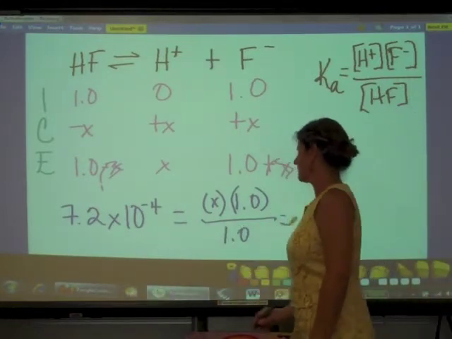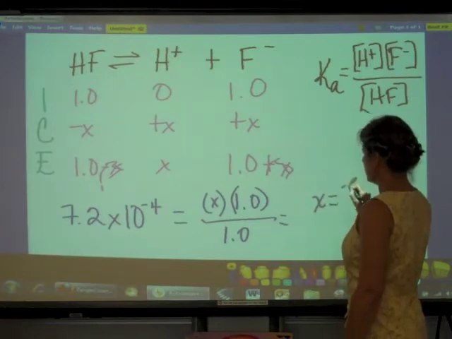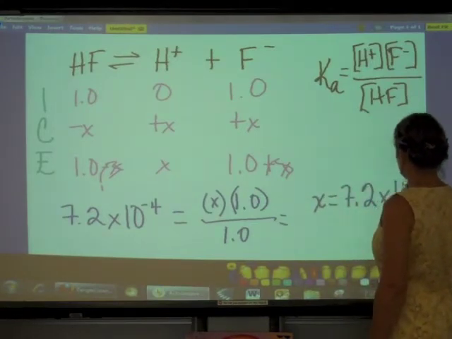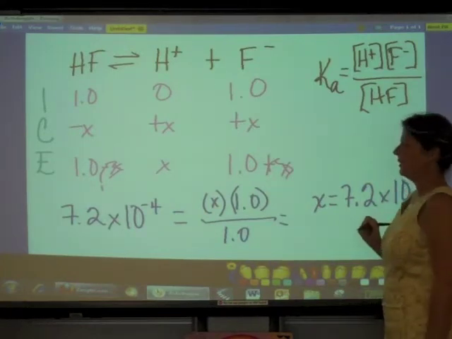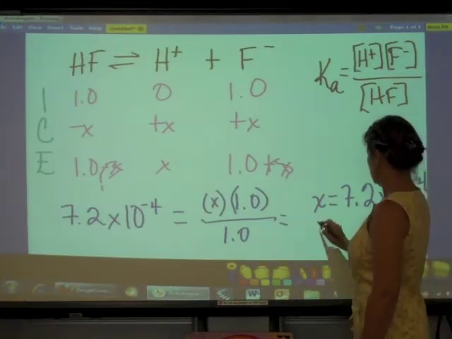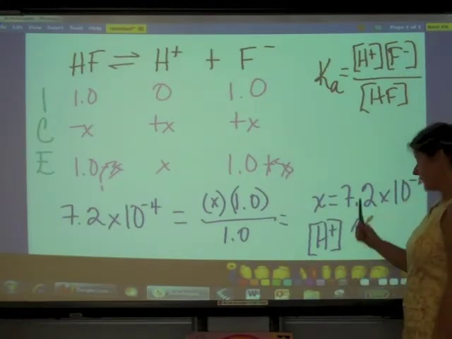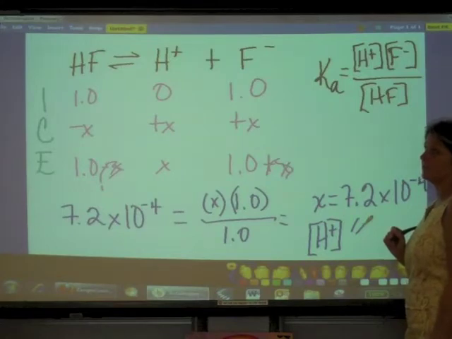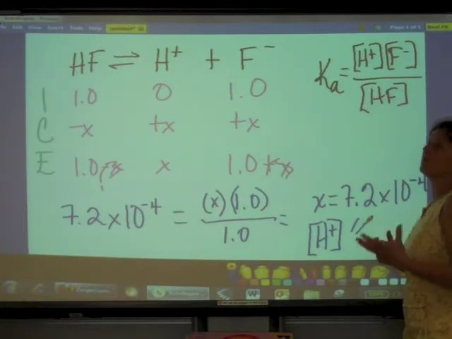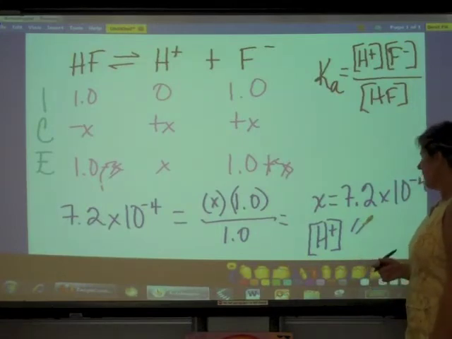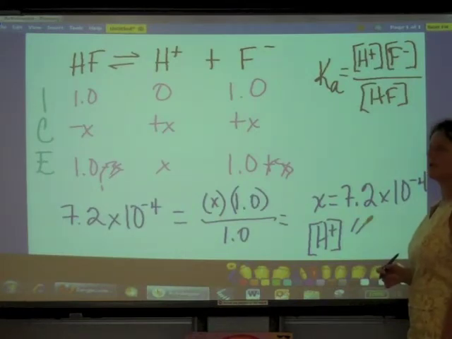Oh look, x is equal to 7.2 times 10 to the minus 4. What is the identity of x? Hydrogen ion concentration. Okay, so there it is. There is the hydrogen ion concentration of this mixture of 1 molar hydrofluoric acid along with 1 molar sodium fluoride.